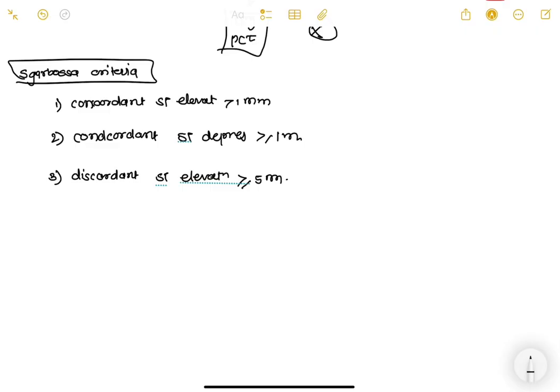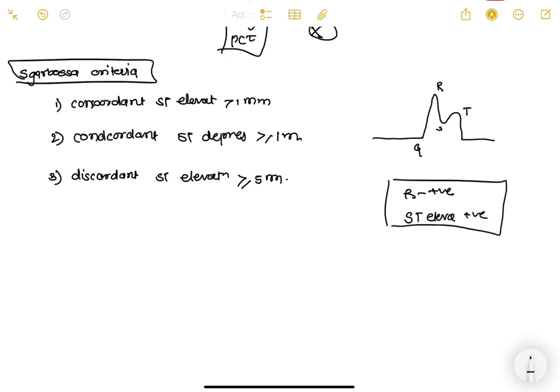So what is concordant and what is discordant? So this is your Q wave, R wave, this is Q, R, S and T. The R wave is positive, and the ST elevation is positive.